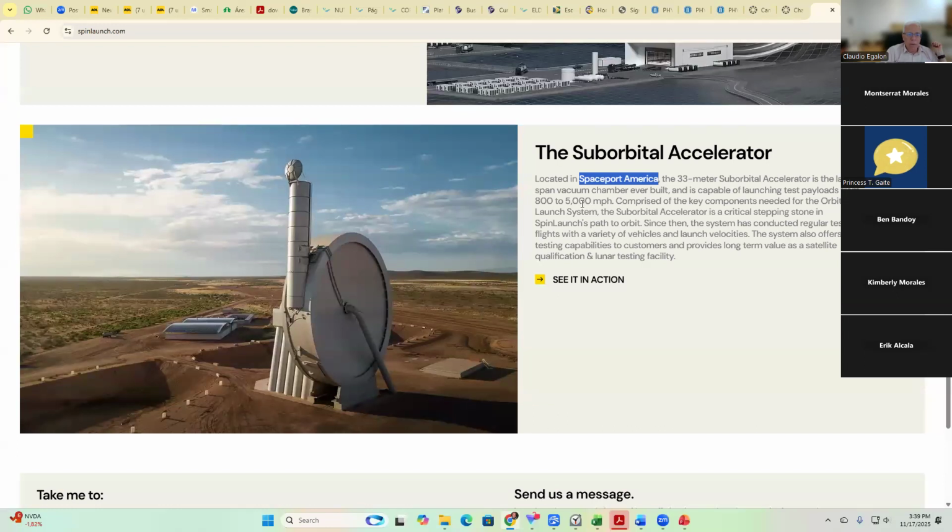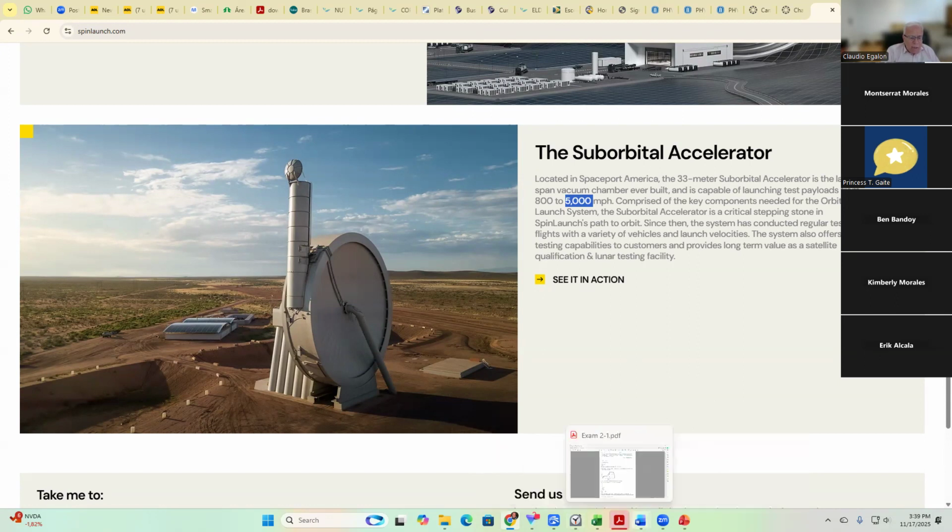It's capable of launching test payloads from 800 to 5,000 miles per hour. 5,000 miles per hour is about 8,000 kilometers per hour. So I suspect that's orbital speed.